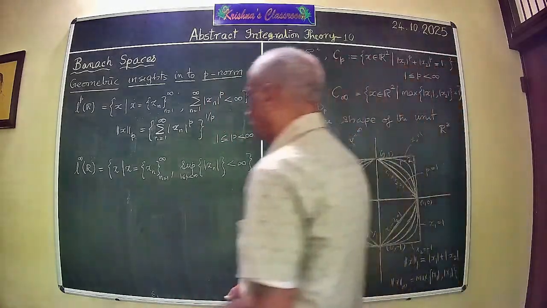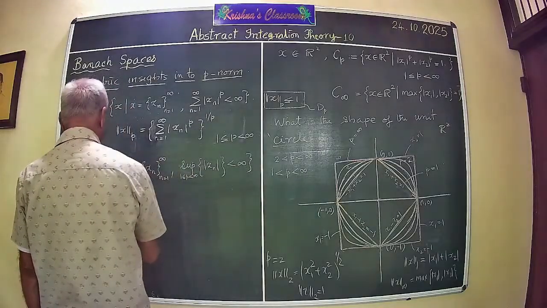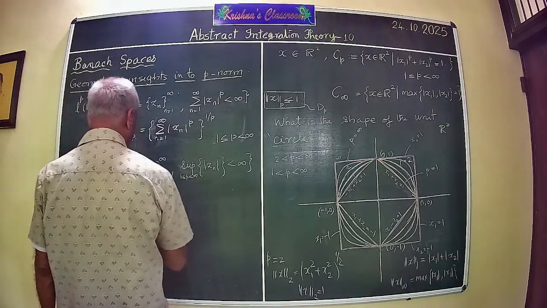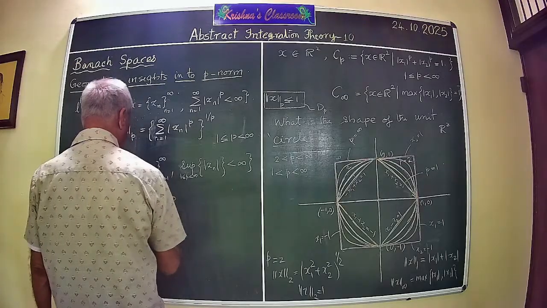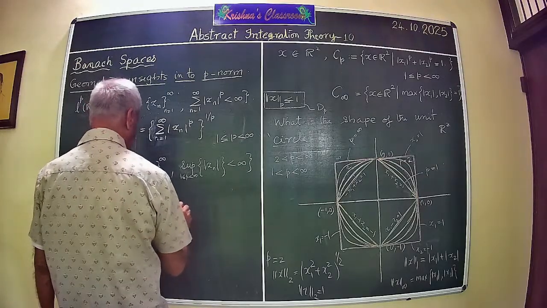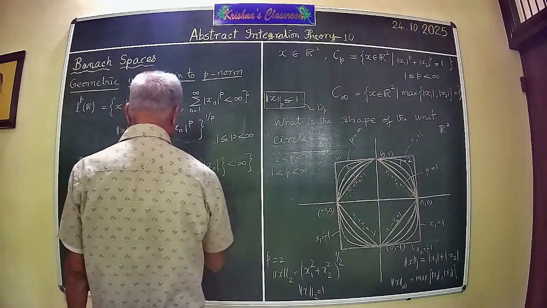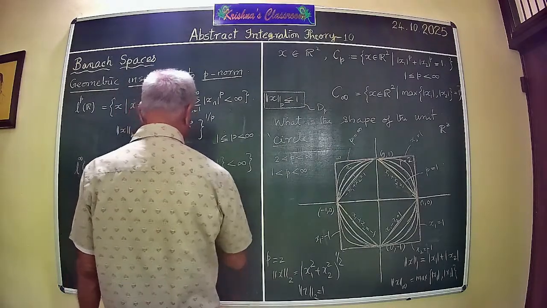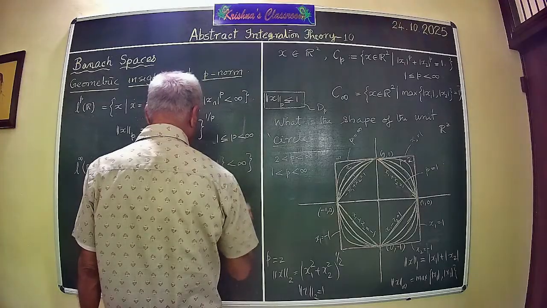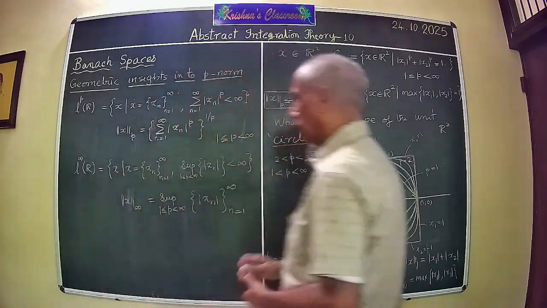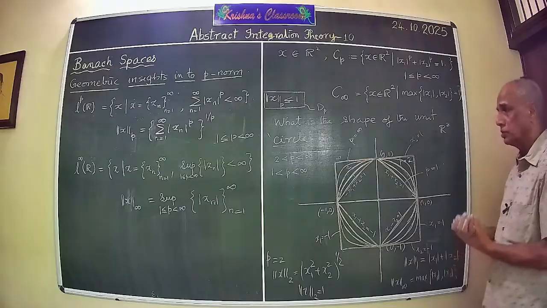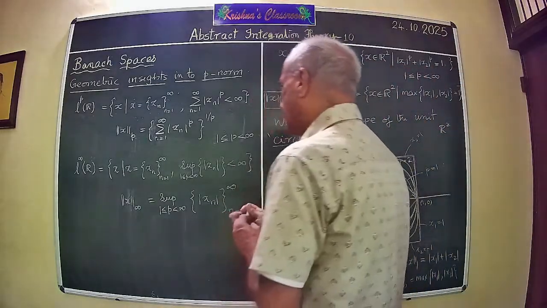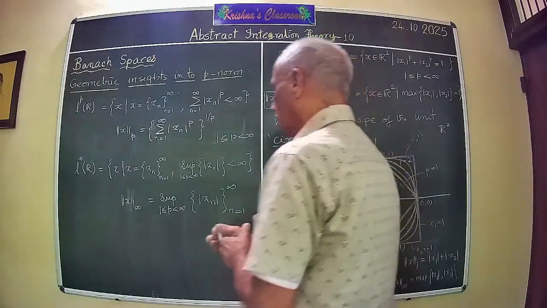Okay, in this case you write this is the norm. Okay, so LP, R and L infinity are normed spaces.